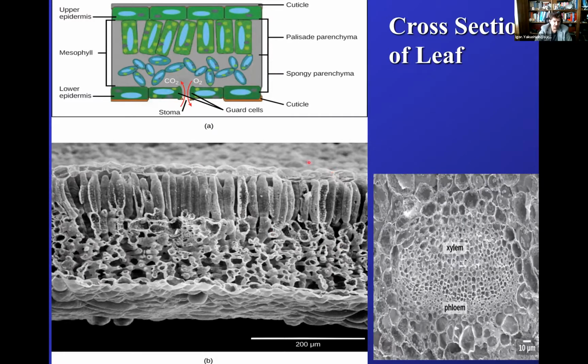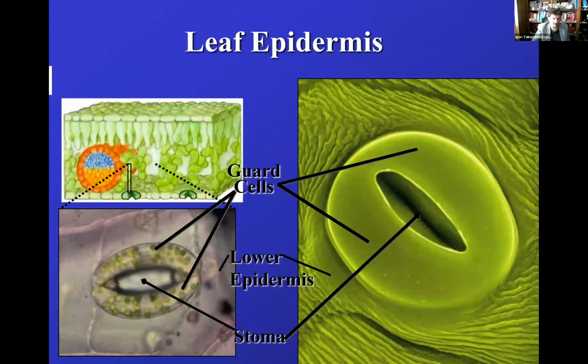So here the micrograph showing you the upper epidermis, lower epidermis, the spongy parenchyma. You can see why it's called spongy, and the palisade parenchyma, because again, like the pieces of the fence, they are right next to each other. Now, the next picture shows you those particular guard cells. Again, we have two nice guard cells right there.